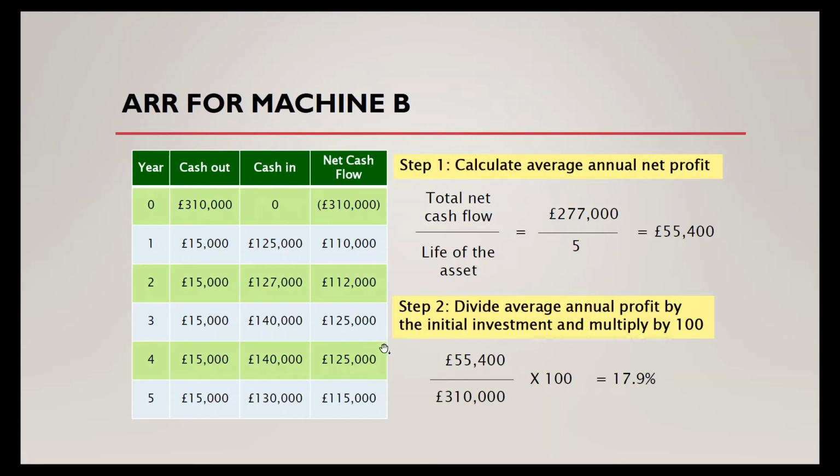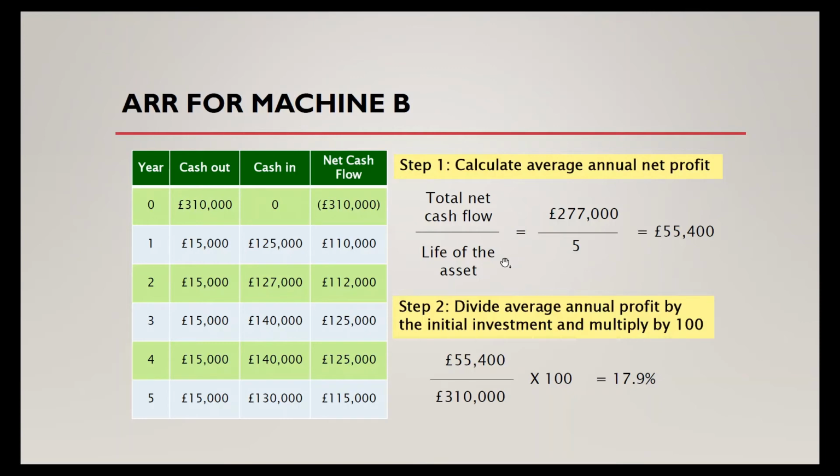If we sum up everything from the net cash flow, this gives us a total of a positive £277,000. In this case, this £277,000 is the total net cash flow.